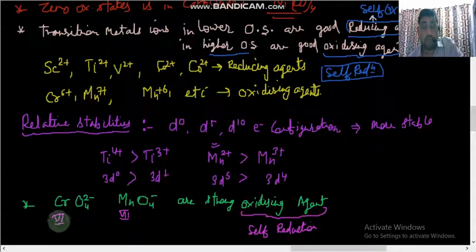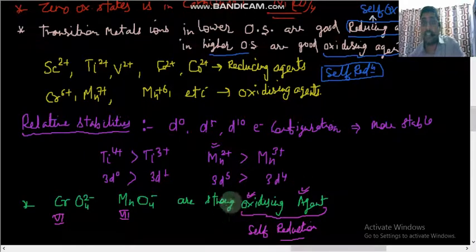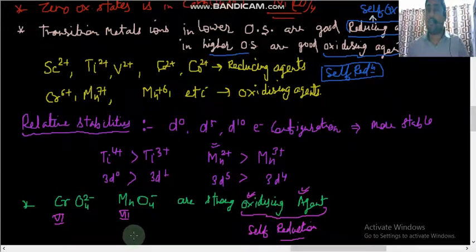So for chromium it is the highest oxidation state, and for manganese +7 is the highest oxidation state. In these states they cannot proceed further, they have to come back. It means they have to reduce themselves. That's why they are very strong oxidizing agents. So with oxygen, their maximum oxidation state can be stabilized, and they form compounds in maximum oxidation state with elements like oxygen.